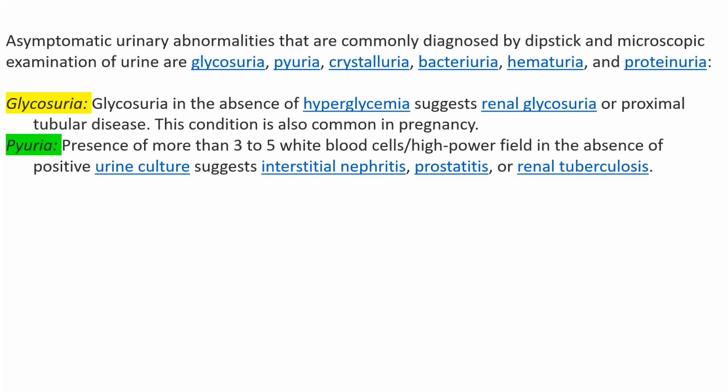If you want to write it down in simple words, pyuria is a urinary condition mainly related to white blood cells.